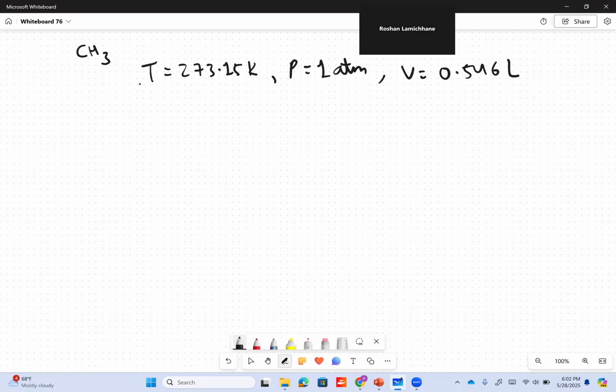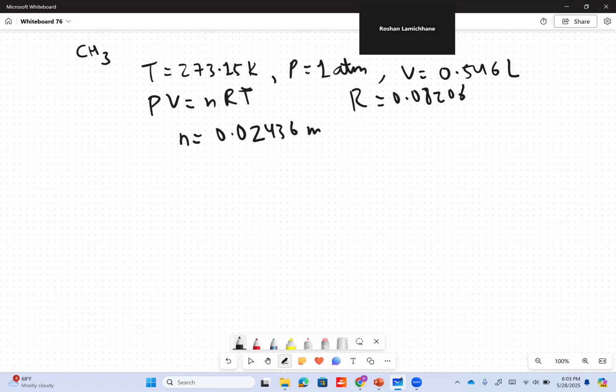V for volume. You change that to liters, you end up with 0.546 liters. All right, so I'm going to use that formula PV equals nRT and figure out the number of moles. So if you plug in all these values, where R equals 0.08206, my n will end up being 0.02436 moles.